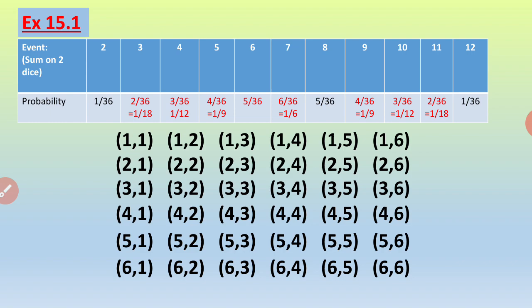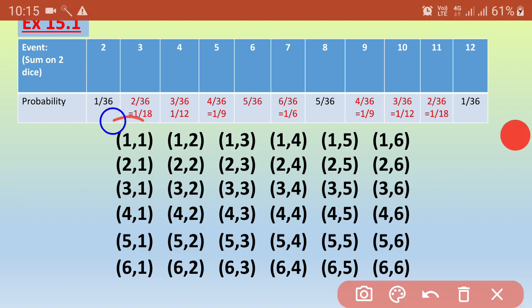It is the sum on the two dice, that is 2. If the sum is 2, then the chance is only once. Here, for 1 and 1 only, the total will be 2. So the probability is found out to be 1 upon the total 36 outcomes that are possible. So the probability comes out to be 1 upon 36.